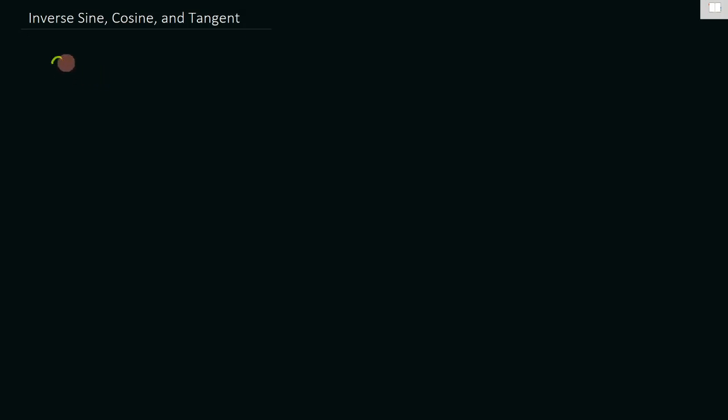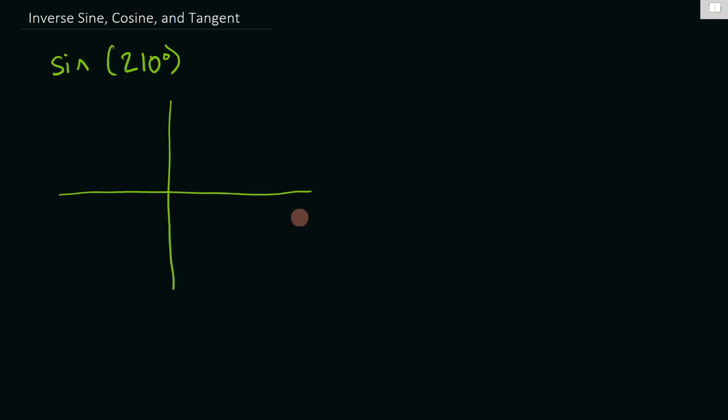So, just a quick recap. Let's say we're trying to do sine of 210 degrees. The way we do this is we sketch our quadrants, we label our 180 degrees, which is over here, and 210 degrees is 180 degrees plus 30 degrees. So we need to do 30 degrees past 180 to make our triangle down here.